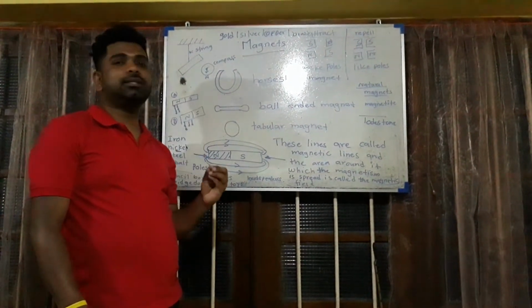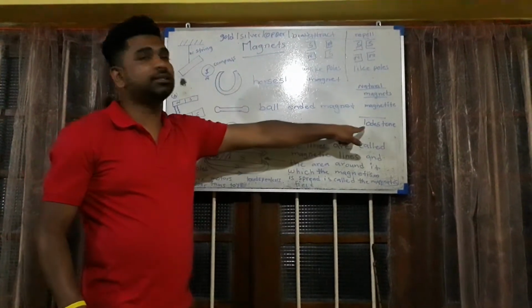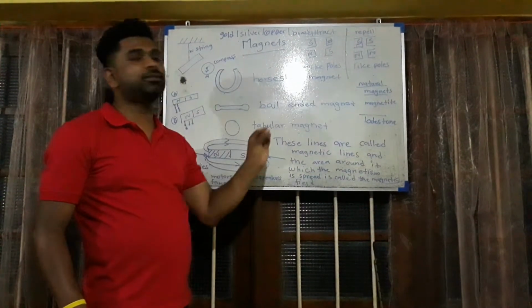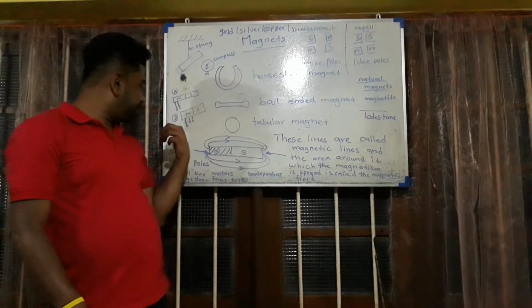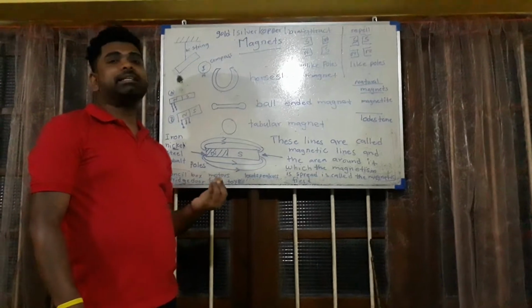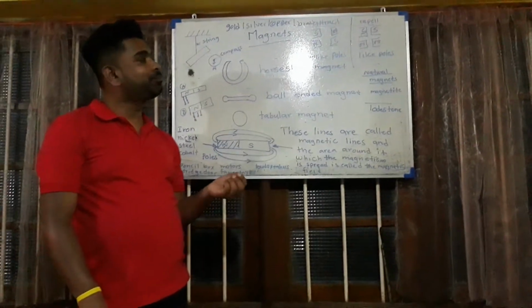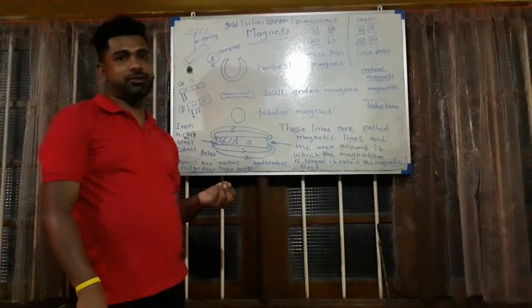On this earth we can naturally find these special rocks, pieces of rocks. To those rocks, iron and nickel, steel, cobalt, those materials or alloys of them will get attracted. So natural magnets are magnetite or lodestone.